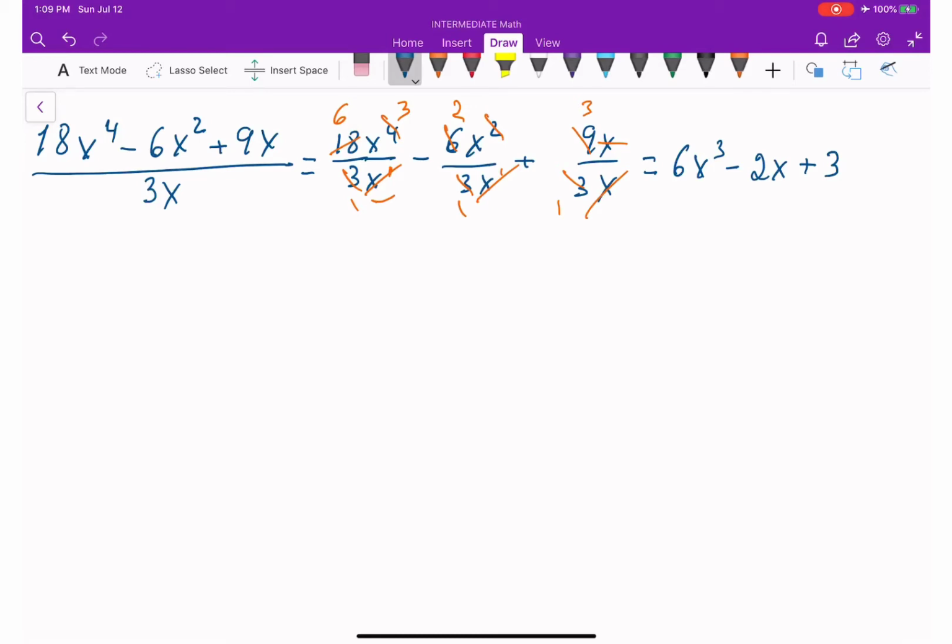Next example. 12y to 4 minus 20y to 3 plus 8, well, we can do minus 8y to power 2. Divided by 4y squared.